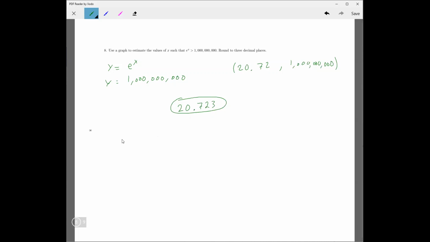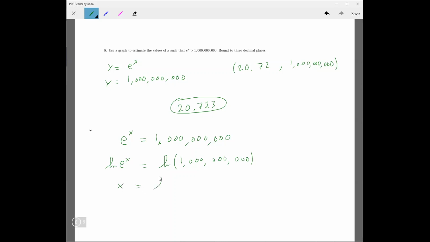So that's how I did it, because they're saying to use graphs, but it's probably better if you just do this and then take the natural log of both sides. And the natural log is the inverse of the natural exponential function.